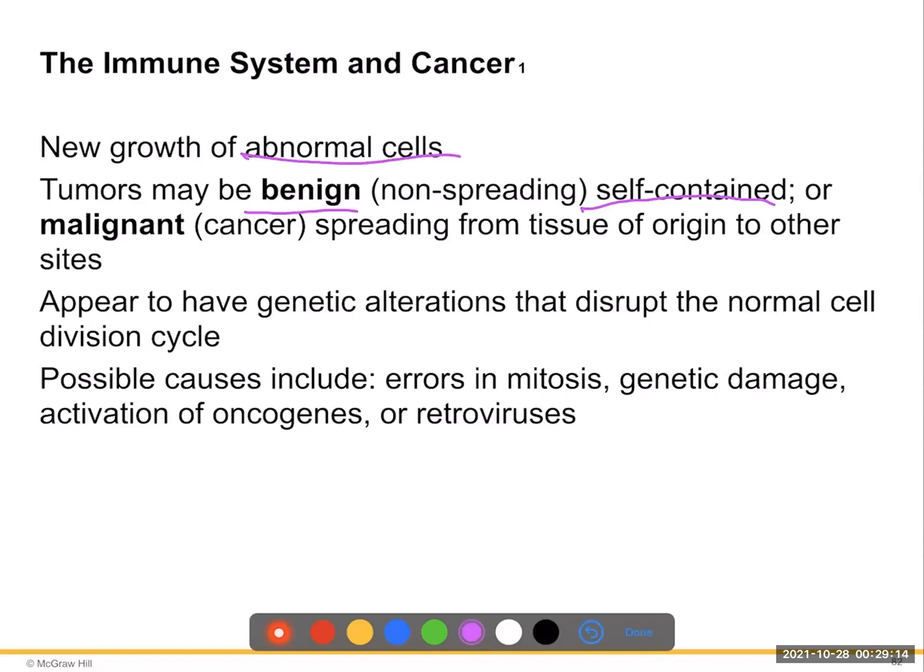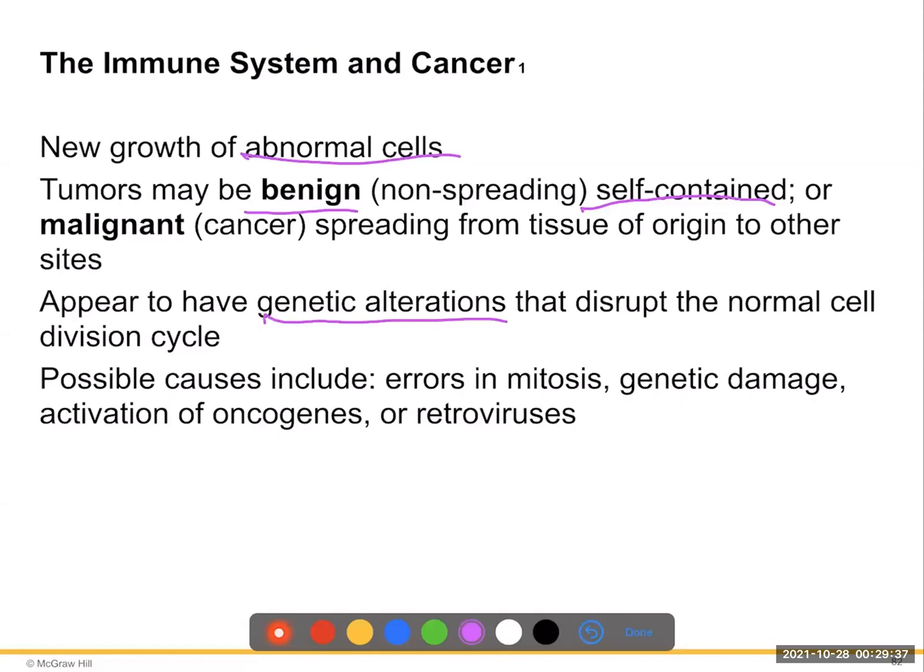When we see a tumor on X-rays, we see a mass in the jawbone, the first thing I check for is breast cancer, because one of the primary sites for migration from tumors in the jawbone is to the breasts. Okay? So that's malignant. It can spread to different organs, and different ones have propensities for different areas of the body. Okay? It appears to have genetic alterations.